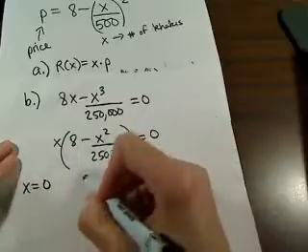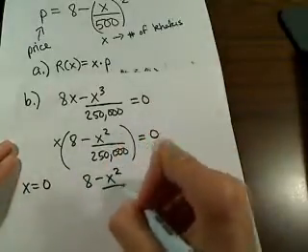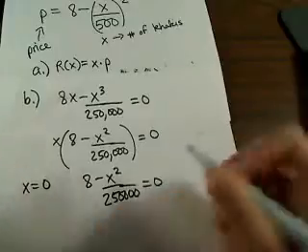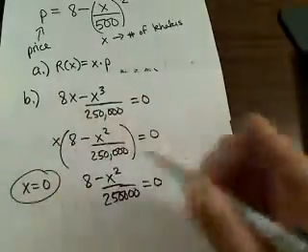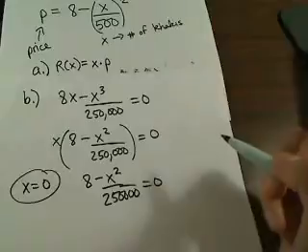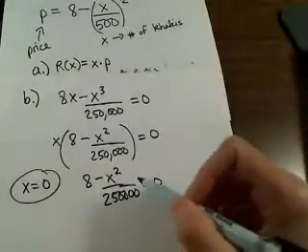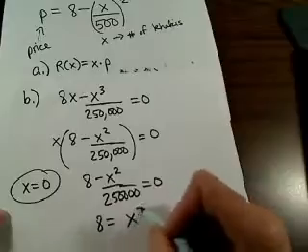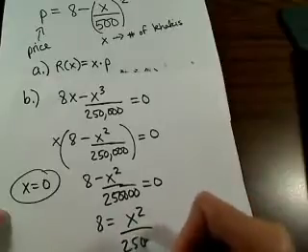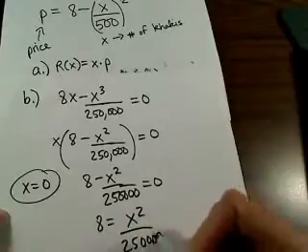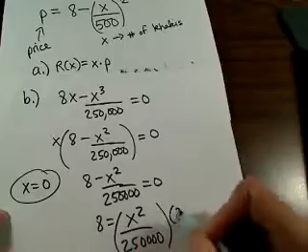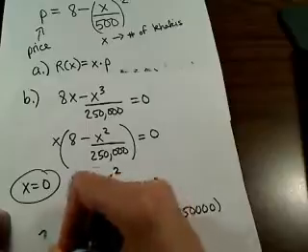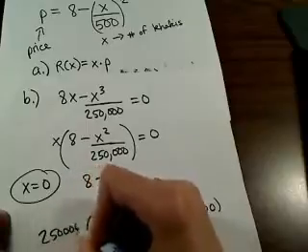So set x to 0 and this equal to 0. So x equals 0 is one of our zeros. Then solving this, I'm going to add the x squared fraction to the other side, and then clear the fraction by multiplying both sides by 250,000.